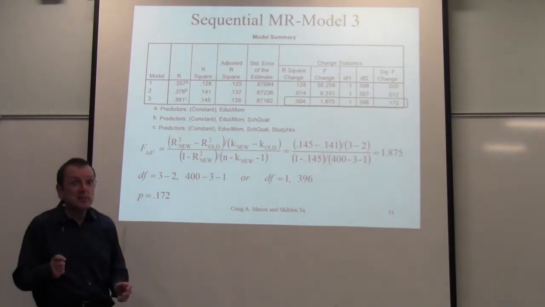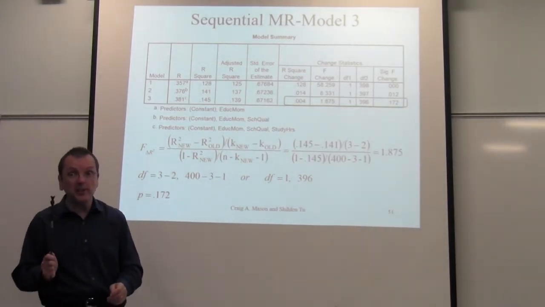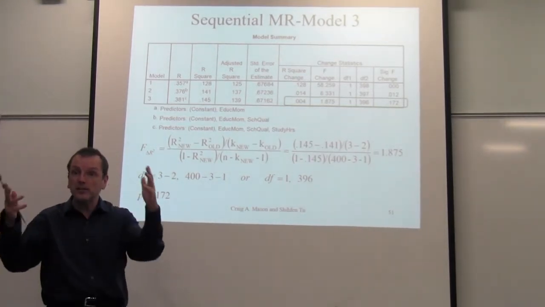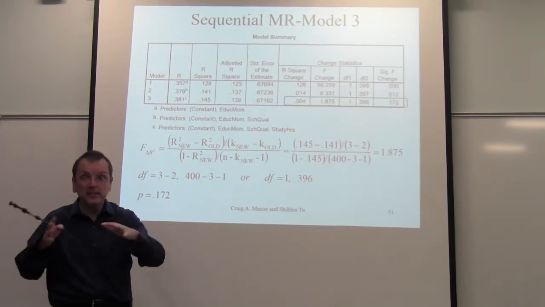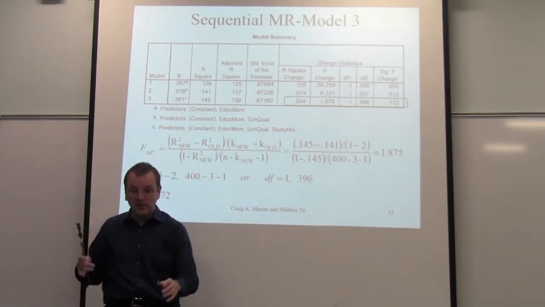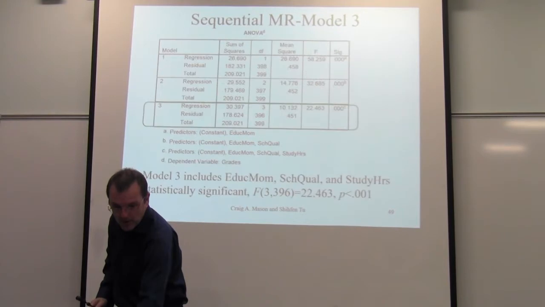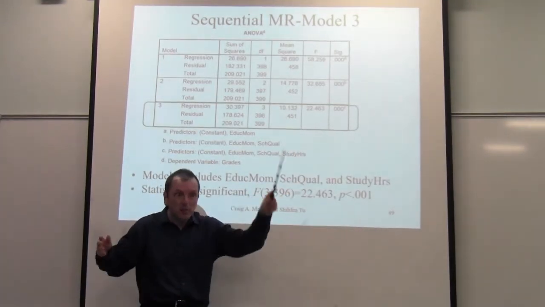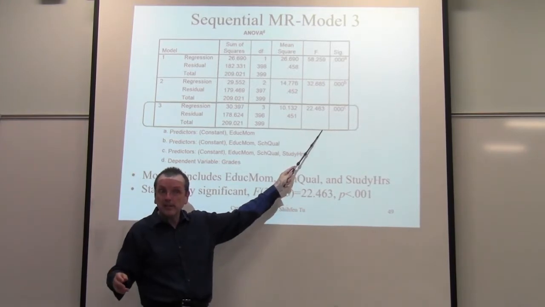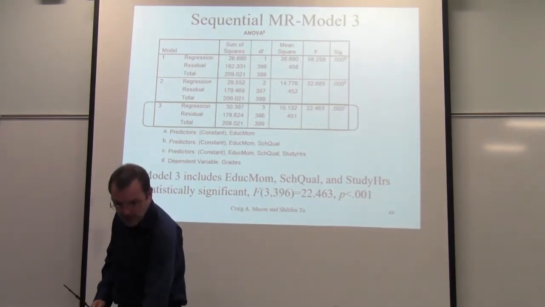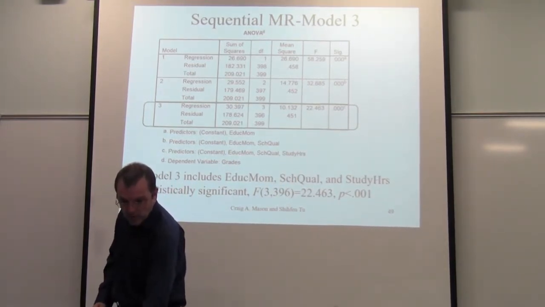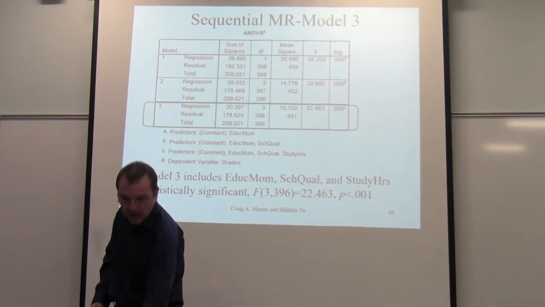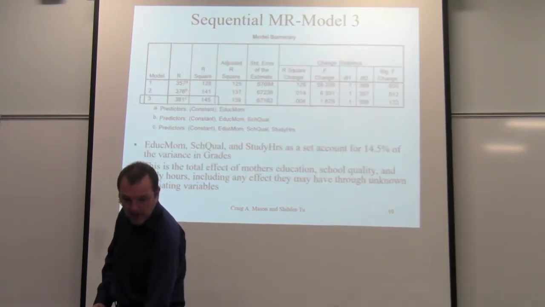So that doesn't mean the overall model is not significant, right? The overall model was significant. The set of 3 variables was significant, right? The group of all 3 is statistically significant, with an F of 22.463 and 3 and 396 degrees of freedom.